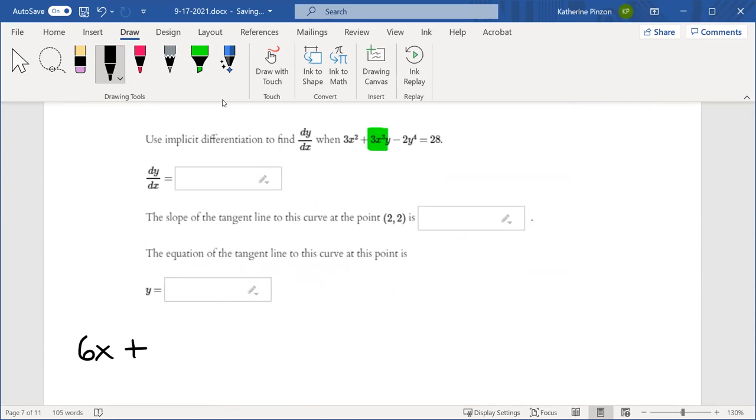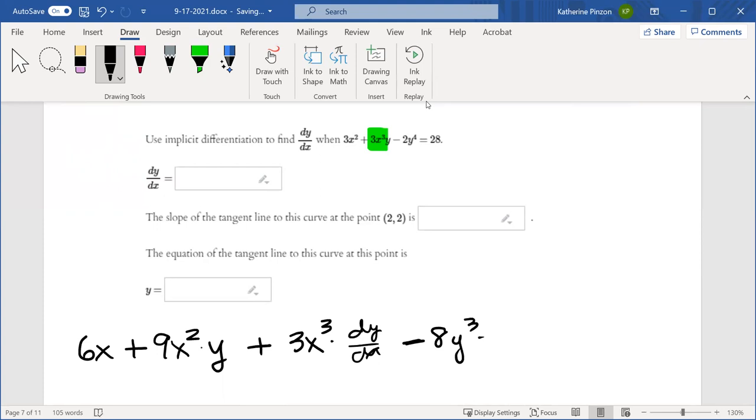Derivative of the first, 9x squared times the second plus first times the derivative of the second, dy dx. Minus the derivative of 2y to the fourth is 8y to the third, dy dx, good. Equals 0, because the derivative of 28 makes 0.